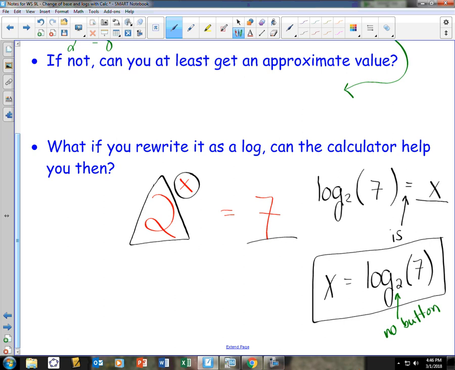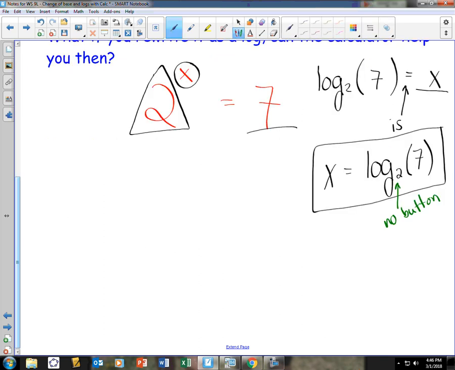If I have 2 to the power of x is equal to 7, an alternative approach would be to just take the log of both sides. It doesn't really matter what log we use. So natural log this side, natural log that side.